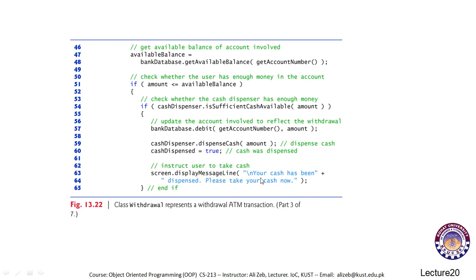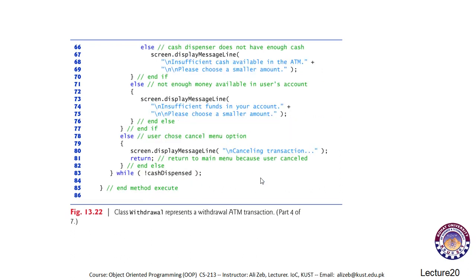Your cash has been dispensed. Please take your cash now. And alternatively, if the cash is not available, another message will be displayed on the screen. Similarly, if the amount is insufficient, the message will be displayed on the screen.